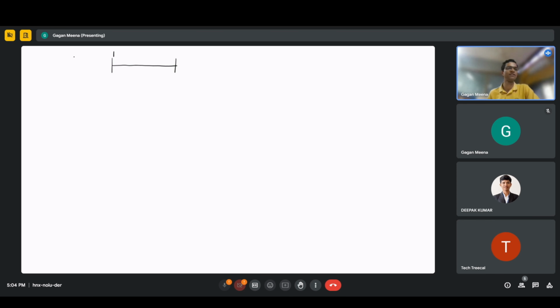For each 15 minutes they are given one schedule. So in one day there are a total of 96 time blocks, 24 hours into 4.